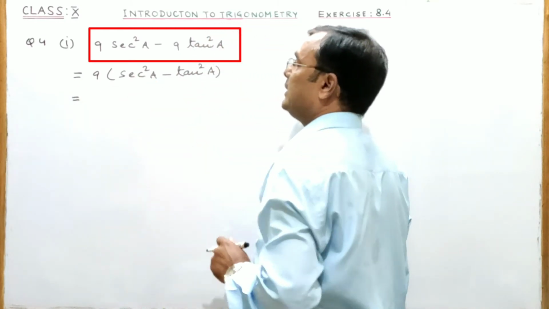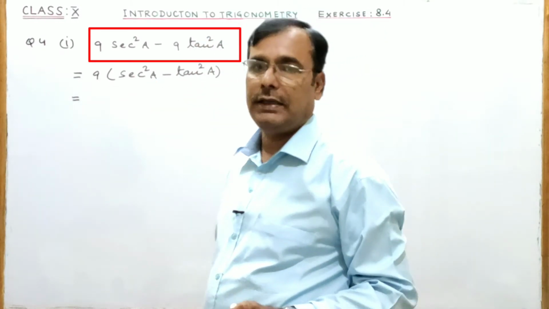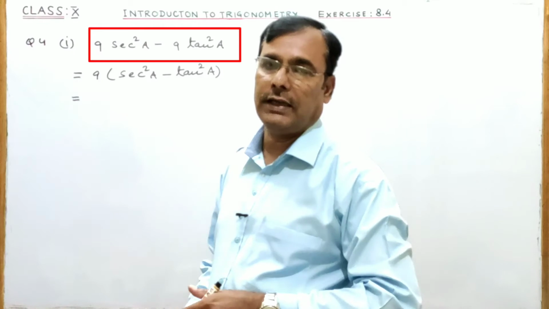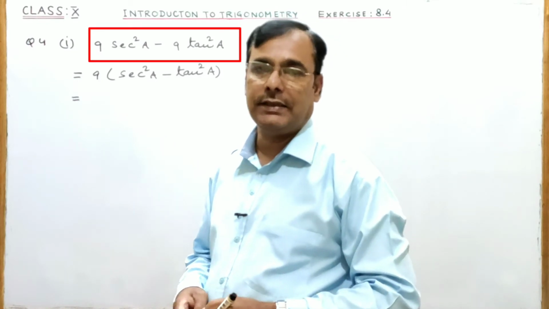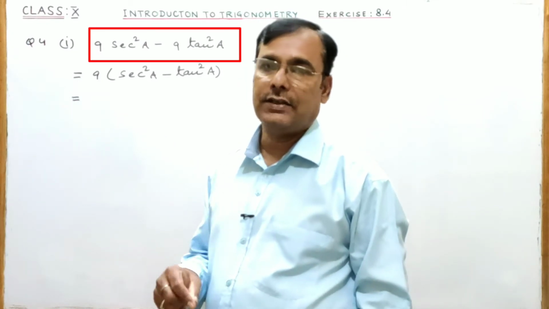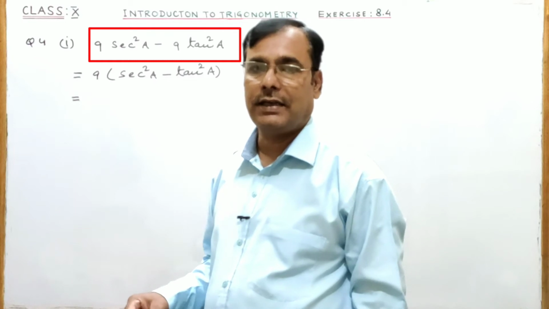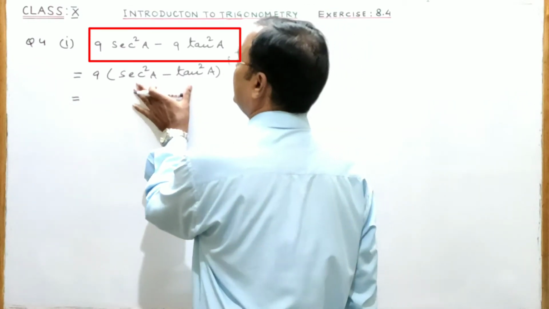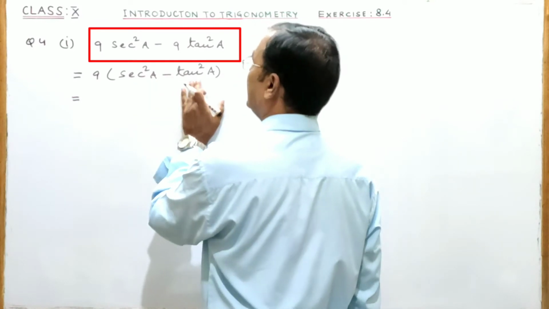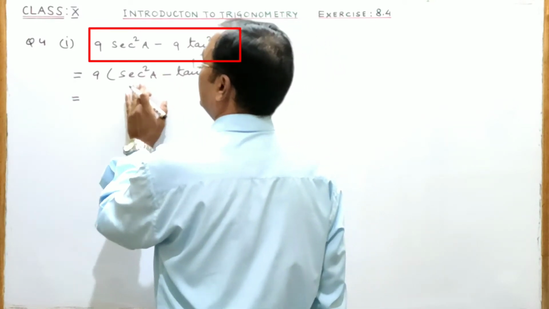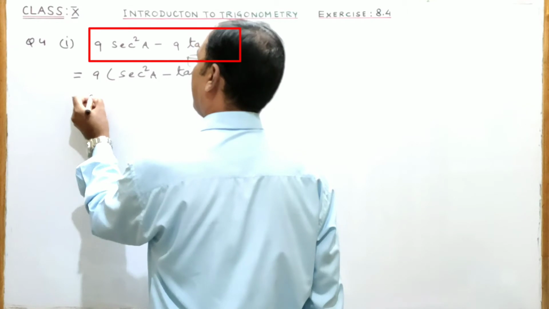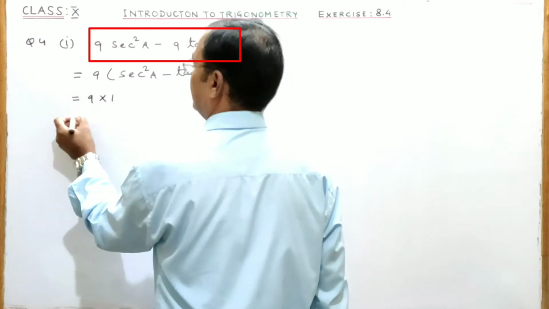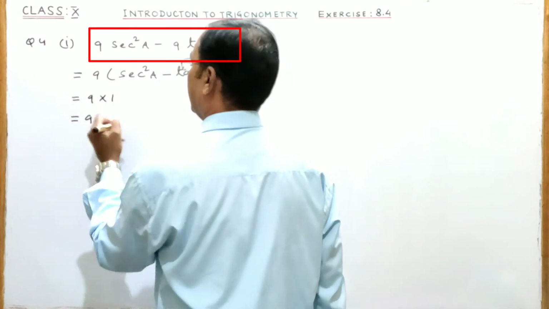We know the identity 1 plus tan square A is equal to sec square A, and from that identity we can write sec square A minus tan square A is equal to 1. So using that identity, sec square A minus tan square A equal to 1, and 1 into 9 is equal to 9.